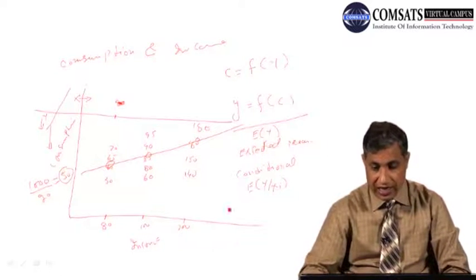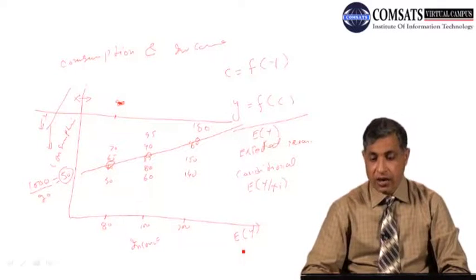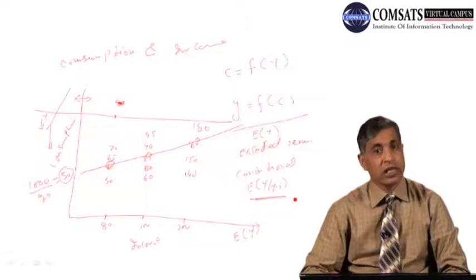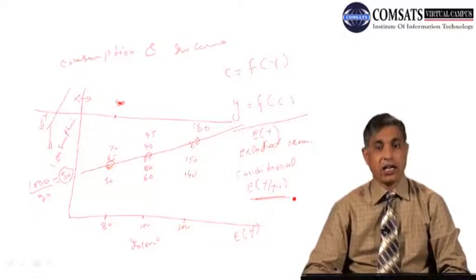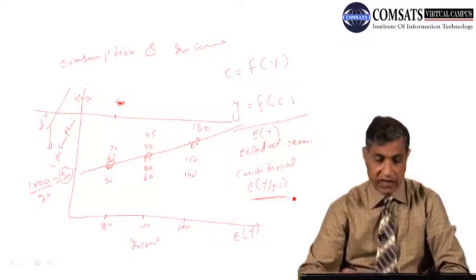So this is called the unconditional, or you can say the expected mean. Here is the conditional mean, and we write it as the expected value of y given x.